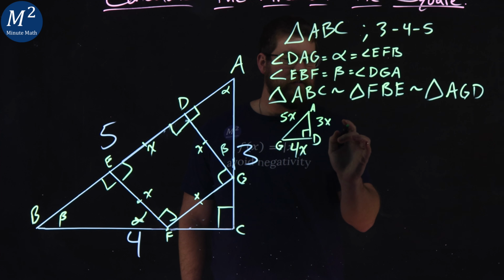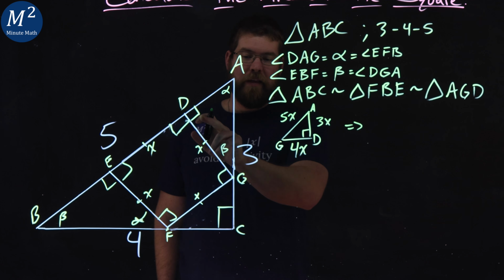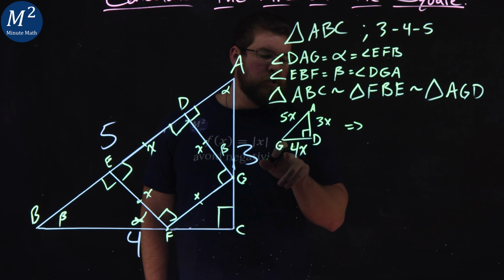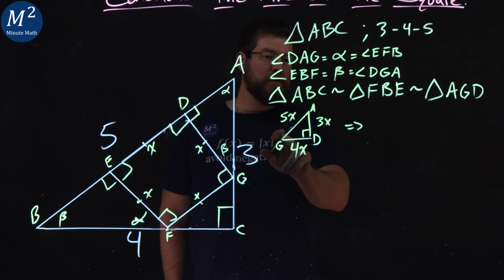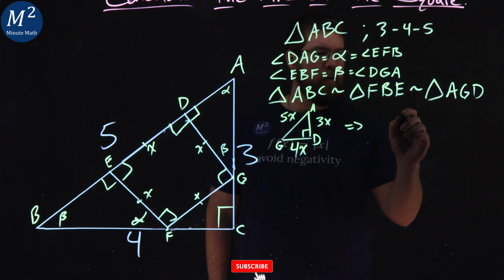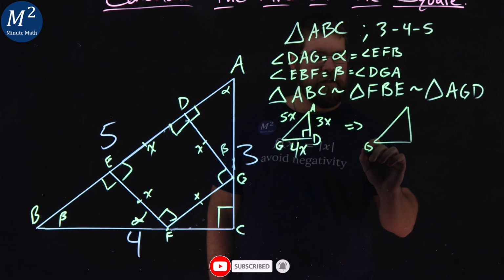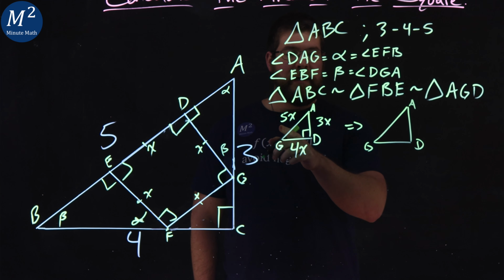So if we set all this up, I want to get that x right here, that DG is equal to x. I'm going to rewrite this GD to be equal to x instead of 4x. To do that, I have to divide all other parts by 4. So my triangle here, we have G, D, and A, again, we'll divide each part by 4.